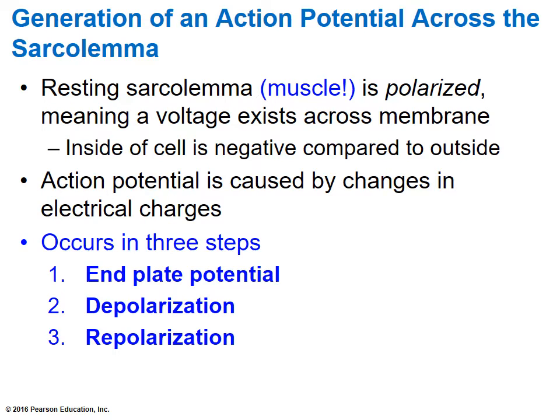And in order to do that, we need to revisit our action potentials and understand the importance of depolarization and repolarization. So remember, our whole purpose here is to generate an action potential, an electrical voltage, and excitability across the entire sarcolemma.